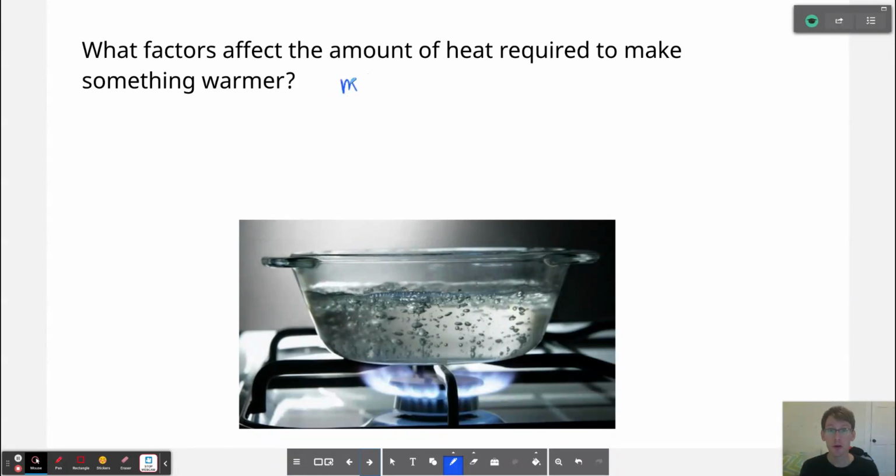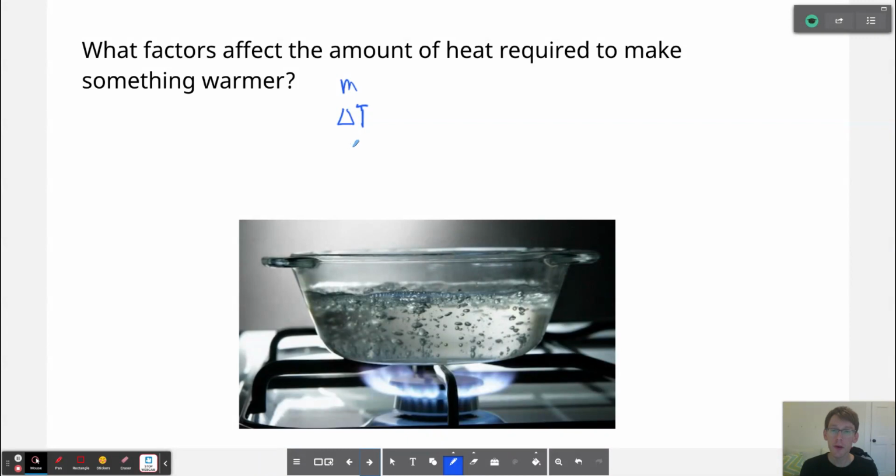How much water is being heated up. A little bit of water doesn't require much heat to raise the temperature. More water does. So mass is going to matter. Also, how much you're changing the temperature. Of course, if you're only raising it by 5 degrees, it doesn't take much heat. But if you're raising it by 20 degrees, it takes much more heat.